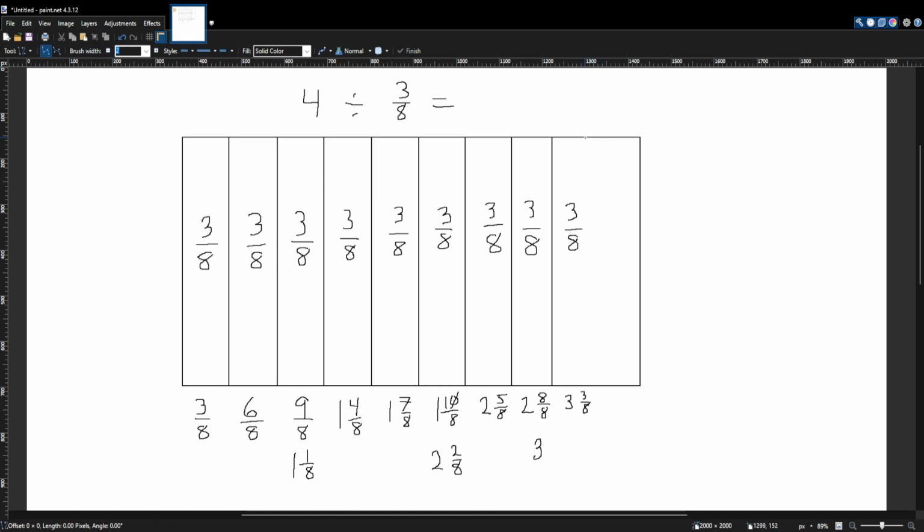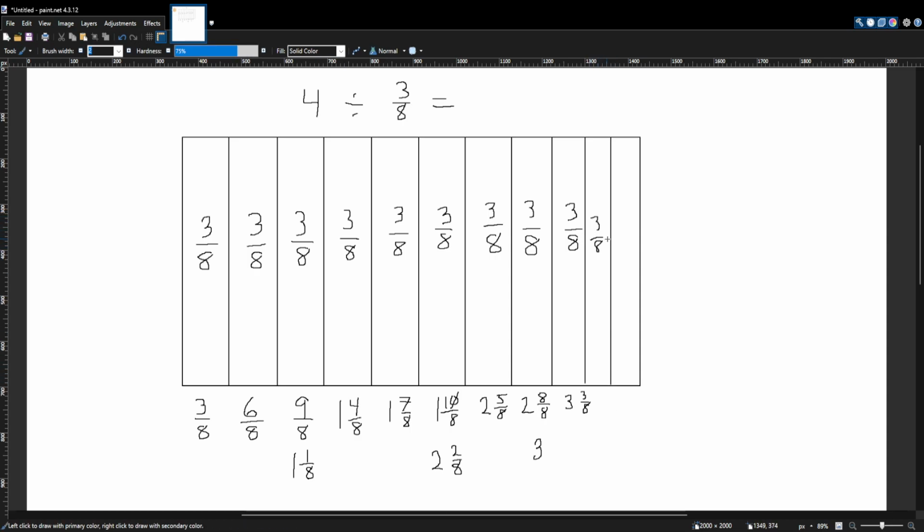If I put in one more 3/8, oops, that bar is a little incorrectly placed. Then this will be 3 and 6/8. Now, this final slice here is not 3/8 wide.